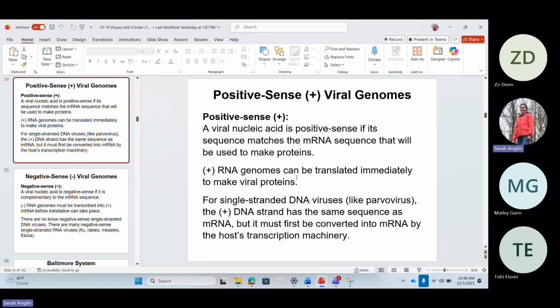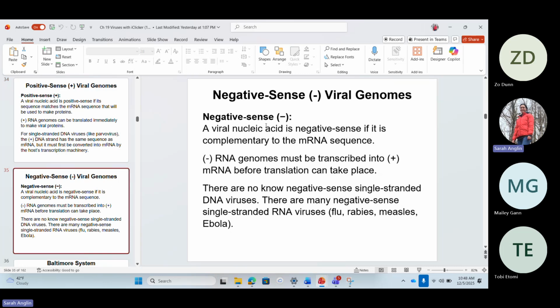Okay, so that's positive sense. As long as the sequence in the genome matches the sequence in the mRNA strand, then we call it positive sense. And if the strand of nucleic acid in the genome is complementary to the mRNA sequence, then we call it negative sense. If it's complementary, then that strand can be used in order to transcribe the mRNA, and that positive sense mRNA is used to make more viral proteins.